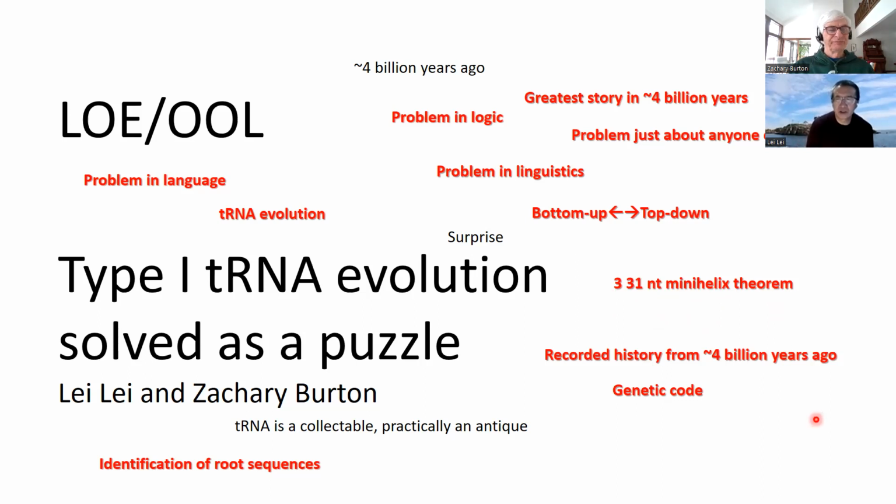My other question is, can other pre-life sequence records besides tRNA be recovered? Yeah, so what I would say about that is that so far I don't know of any. tRNA doesn't change very much, at least in the most ancient organisms, the ones that are most similar to the last universal common cellular ancestor, LUCA. And tRNA doesn't change very much because it forms the functional core of the translation system.